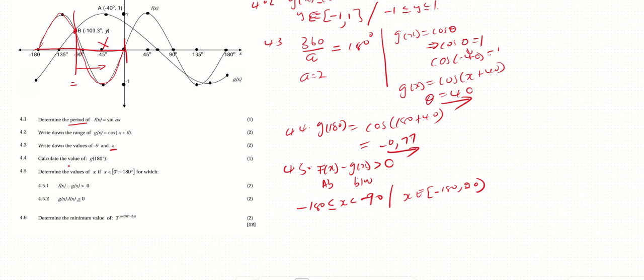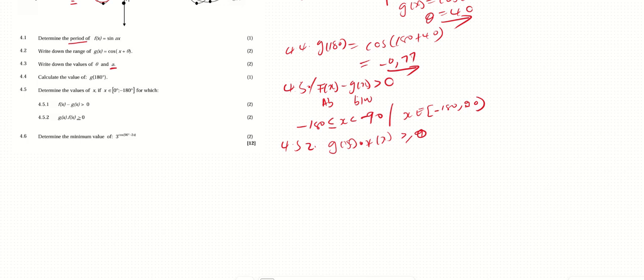Then now 4.5.2, it says g(x) times f(x) is greater than or equal to 0. So it's g(x) · f(x) ≥ 0. Now, because they're giving us a positive answer, all of them should be below the x-axis, or all of them should be above the x-axis.